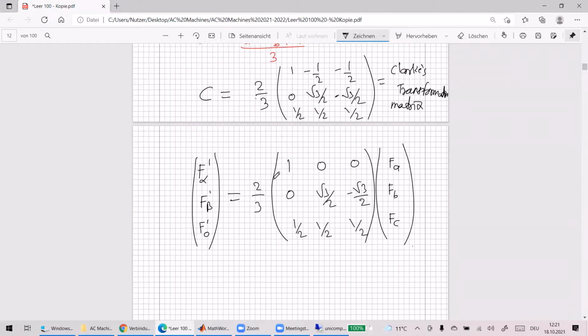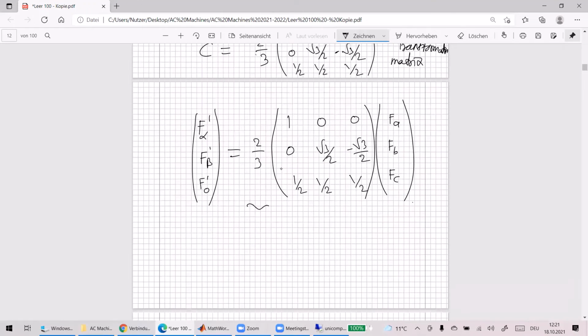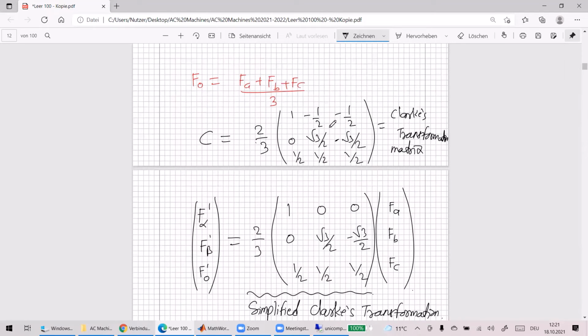Because just now we saw our F alpha is equal to FA for the positive sequence, right? So this is your simplified Clarke transformation. So which one do you like more, the simplified or this one?